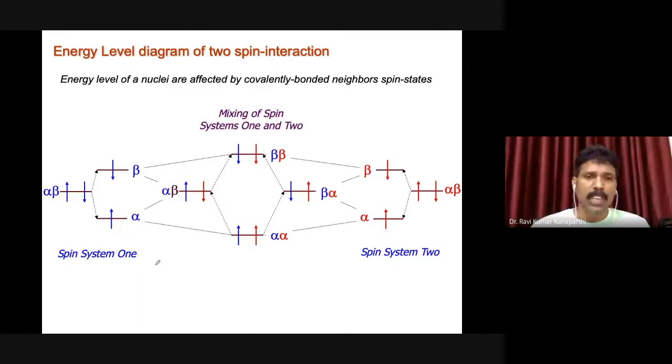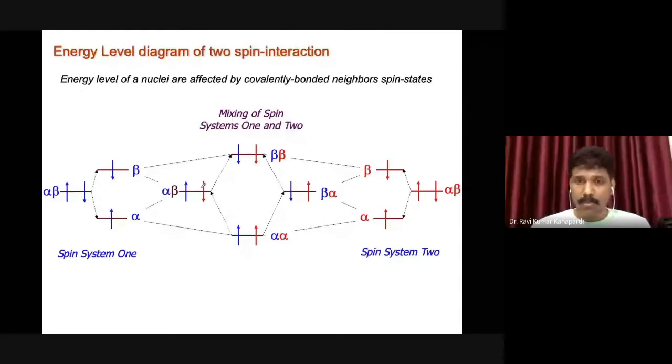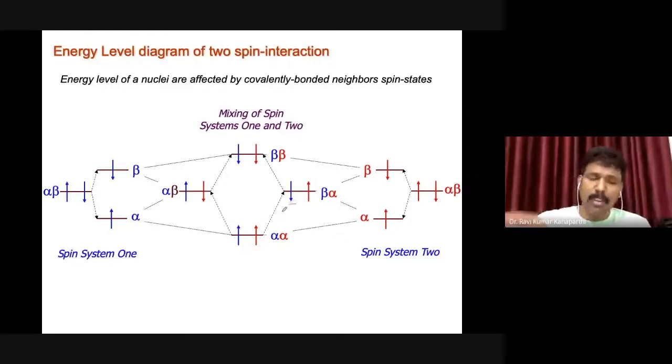Please remember that the alpha state is a spin pointing upward, and the beta state is pointing downward. One spin state can be arrived at by writing this configuration: one is up, one is down. Whereas the first nucleus spin can be down, that means the beta spin, and the other nucleus can be upward.